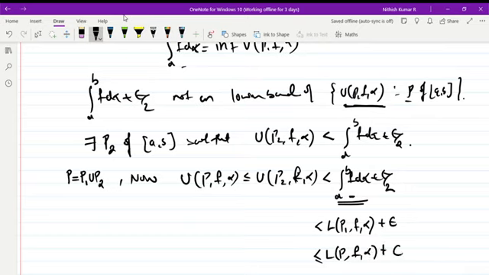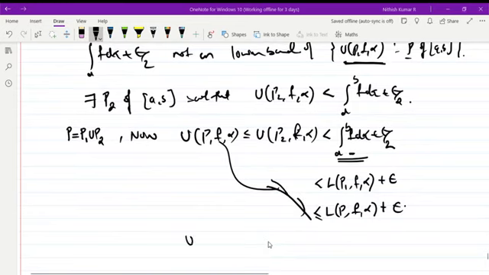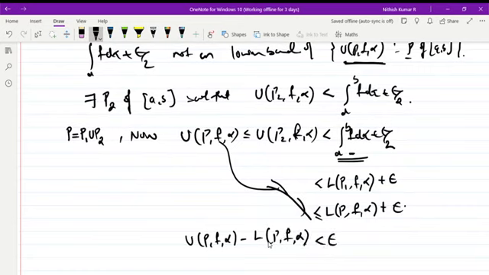So by using these two, we have U(P, f, alpha) minus L(P, f, alpha) is less than epsilon.